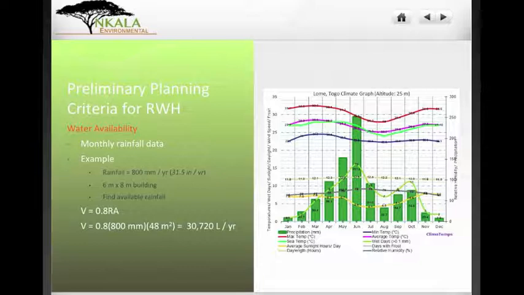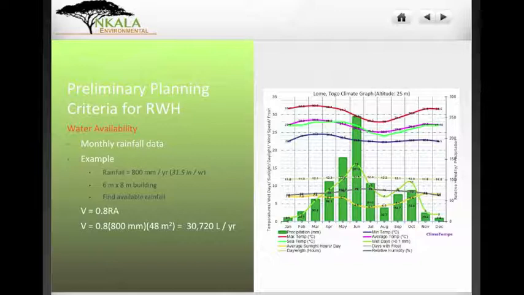So we say 0.8 times 800 millimeters times 48 square meters, and that's 6 meters times 8 meters gives us 48 square meters. Now multiply all that out, that gives me about 30,720 liters per year, which is how much rain I can expect to fall on my roof and to be collected by that roof system, including evaporation and other losses per year.